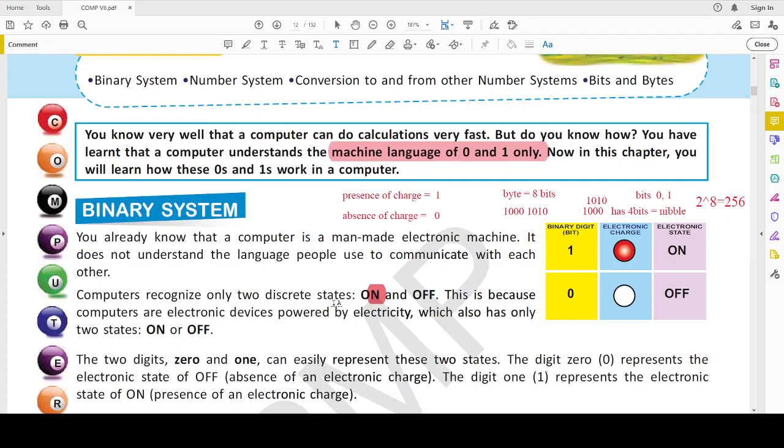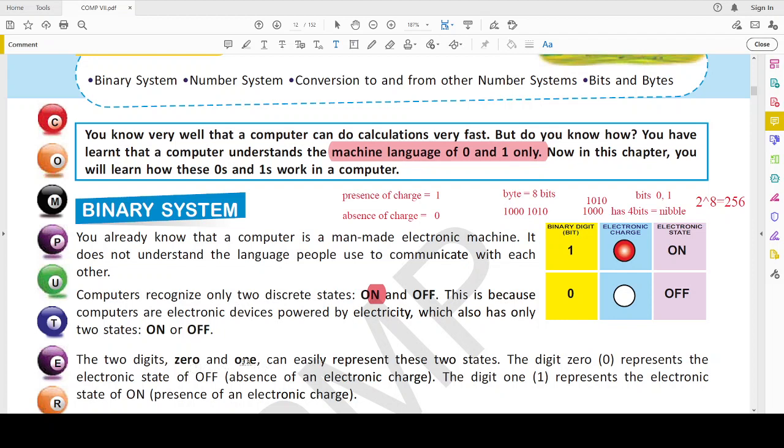Computers recognize only two discrete states, on and off. This is because computers are electronic devices powered by electricity, which also has only two states, on and off. These two discrete states can be represented by two digits, 1 and 0, used to represent the absence and presence of charge.